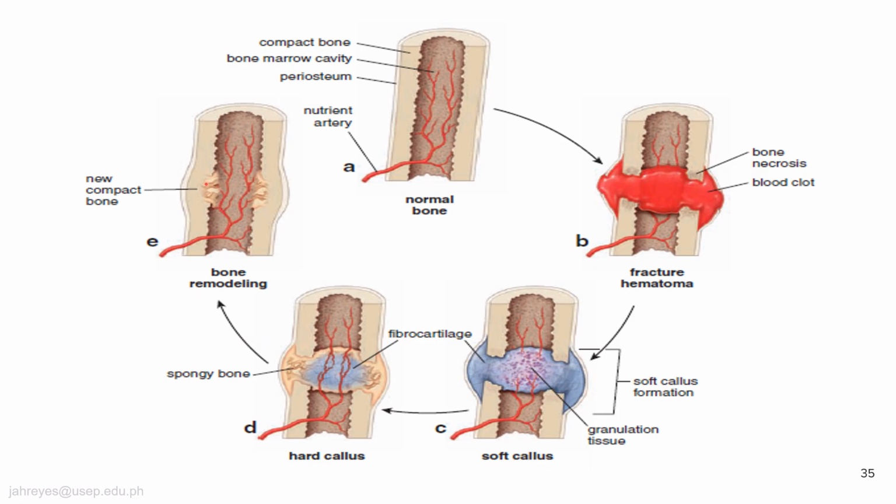And then here, the hard callus will be transformed into woven bone and will be replaced by spongy bone as resorbed by the osteoclast, so that it can restore the bone into its original shape or close to its original shape. But you can notice callus formation on the surface of the bone.